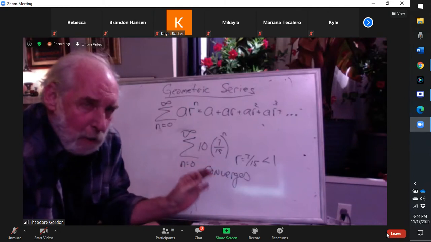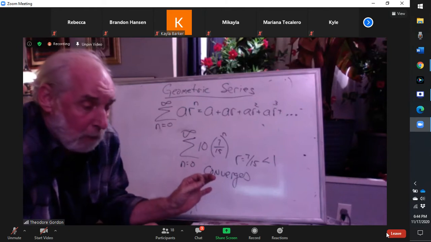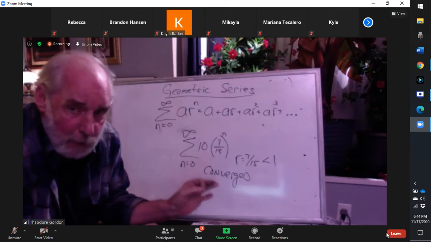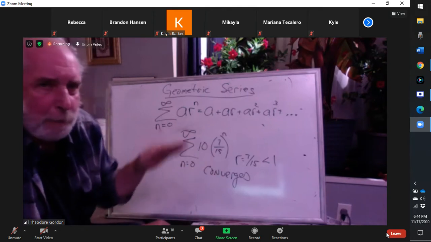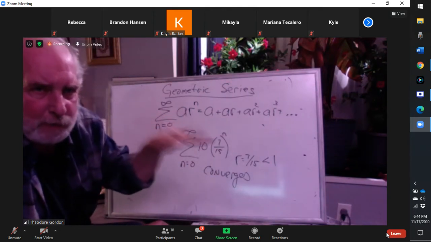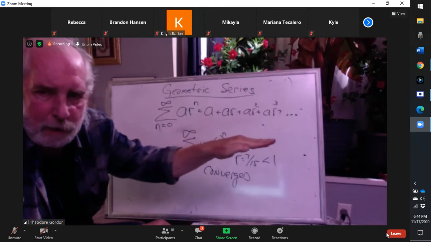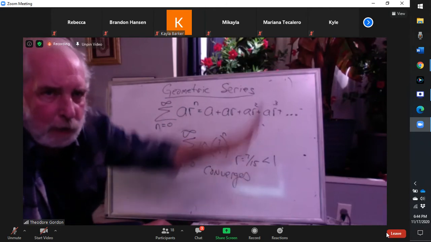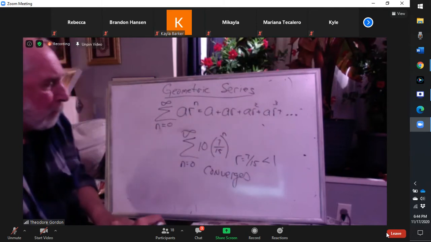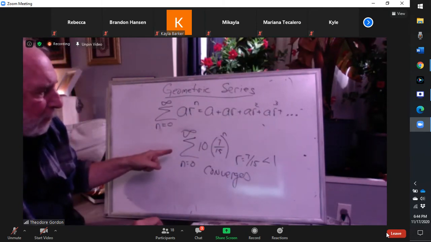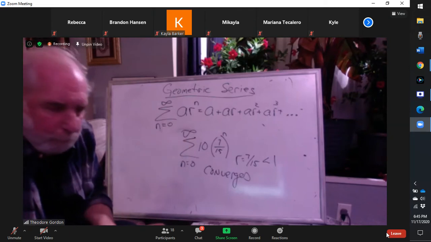We just want to know if it converges or not. Converge means to add up to a number. But a better way to think about it is, if you converge, you become stable and just kind of stay there. If you diverge, you shoot off to infinity, or you just keep bouncing up and down. So that's the rule for geometric series. You just do it by looking.